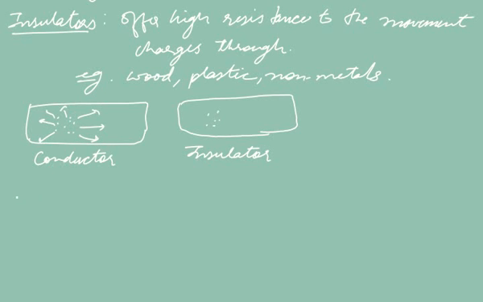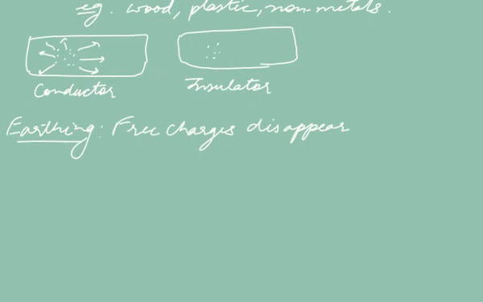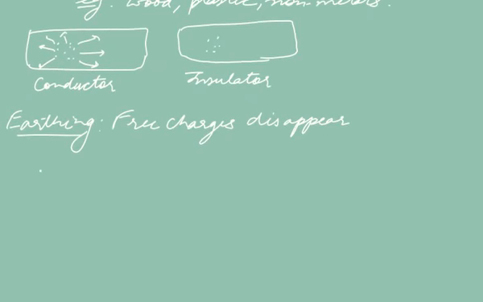Next thing we will discuss within this video is earthing. By earthing, one can simply mean that earthing causes free charges to disappear. If we have to earth anything, we connect that object through a conductor to some very large object.